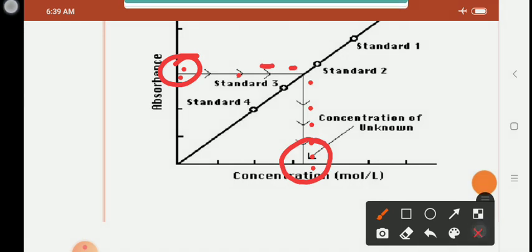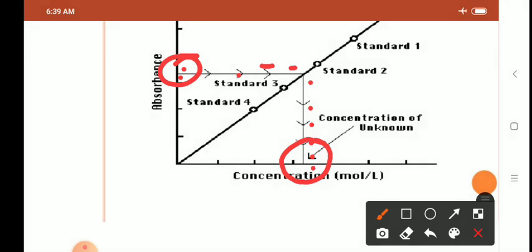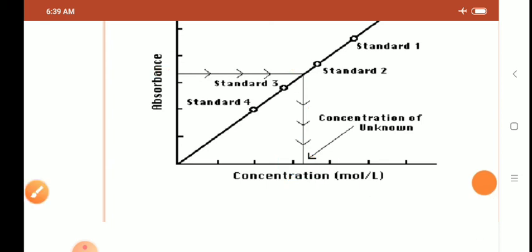In UV visible spectroscopy, we have to discuss the various components and the laws of absorbance, that is Beer's law. Then we have to study the block diagram of a UV visible spectrophotometer, its components, and then the applications and the difference between a colorimeter and a spectrophotometer. So that's all about UV visible spectroscopy.